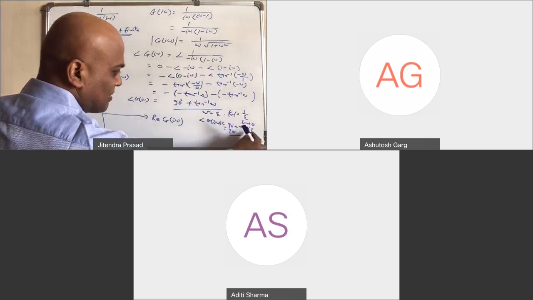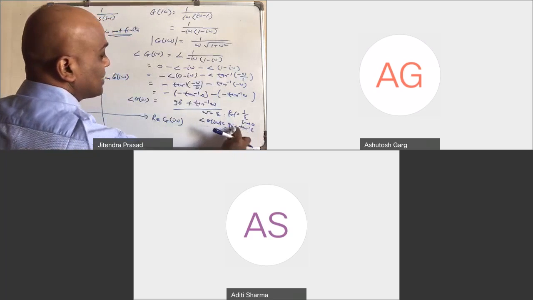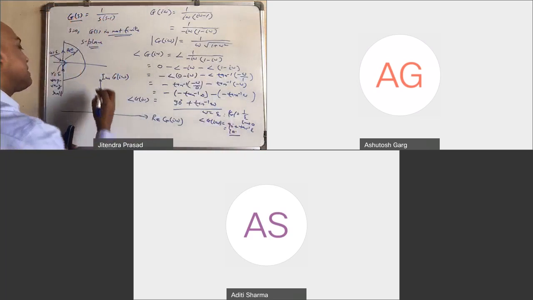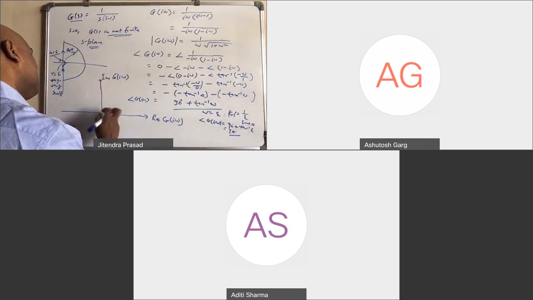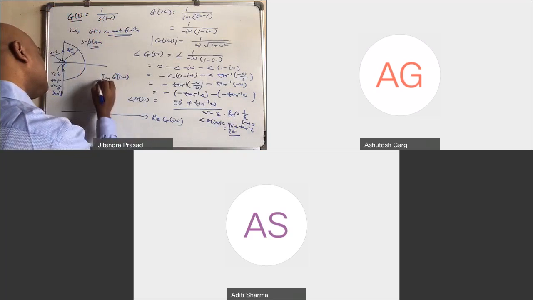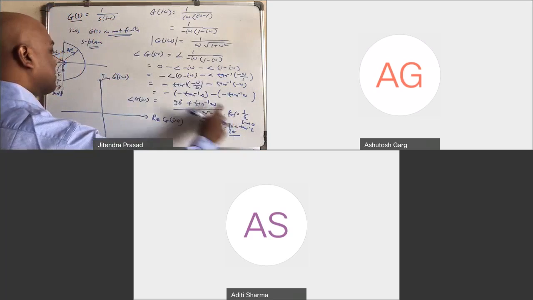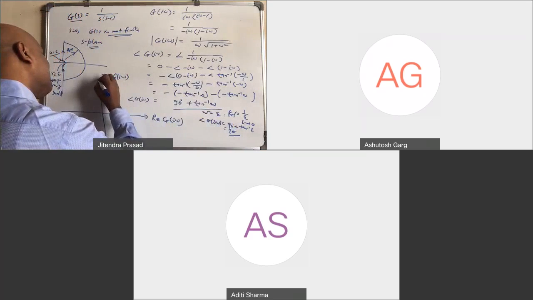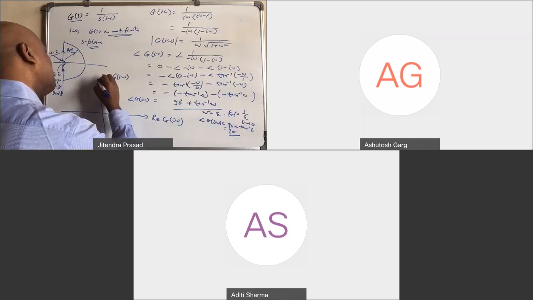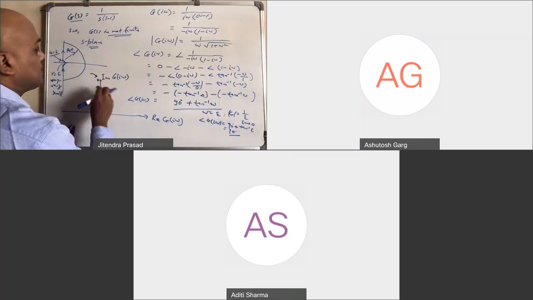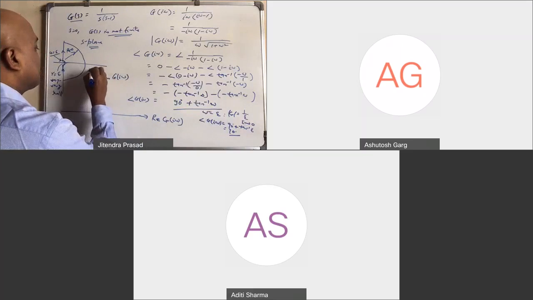If you have epsilon very small, then it tells you the angle has to be more than 90 degree, so somewhere here. This is 90 degree from here, this will be more than 90 degree, and the magnitude is infinite. So you can say the point, let us say it's here, is equivalent to omega equal to epsilon.